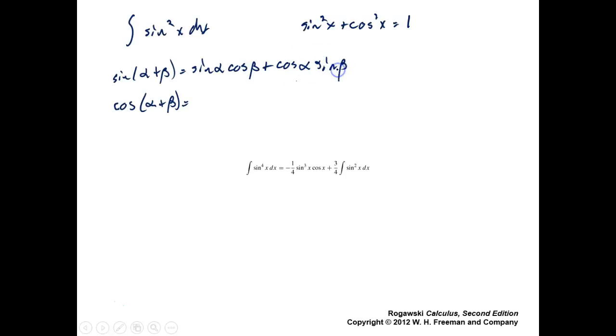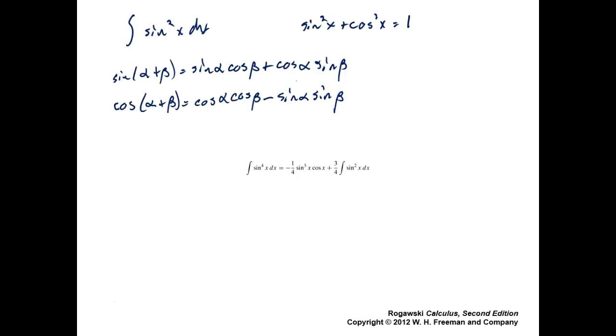Okay. How about cosine of alpha plus beta? You remember that one? Cosine alpha cosine beta minus sine alpha sine beta.